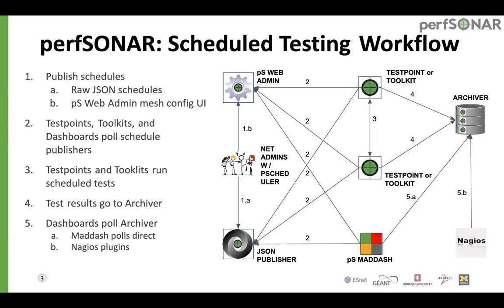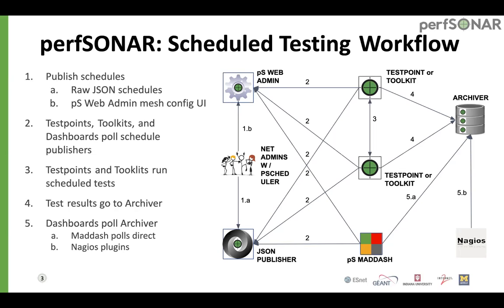It sends them to the archive, and then you can visualize it and see how things are going. You can see right there on the left-hand side of this graphic, the admins for scheduled testing have an opportunity to either publish a schedule by hand or through the PWA graphical JSON publisher. You pick up those schedules for your MadDash and your test points and toolkits. It runs the schedule, puts it into the archive, and then it gets visualized.